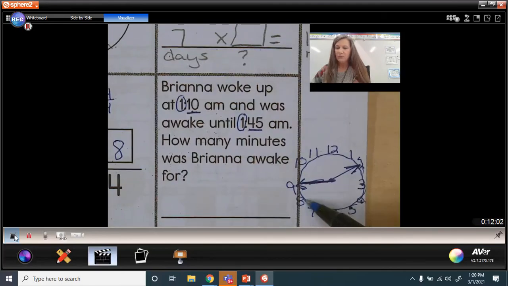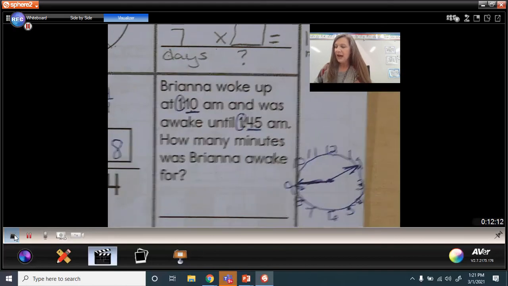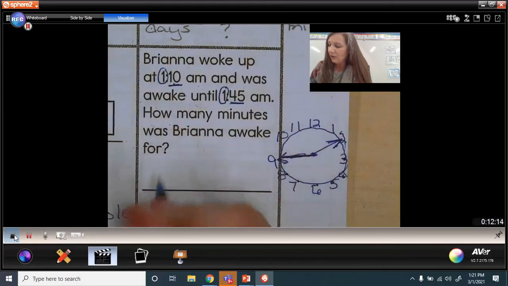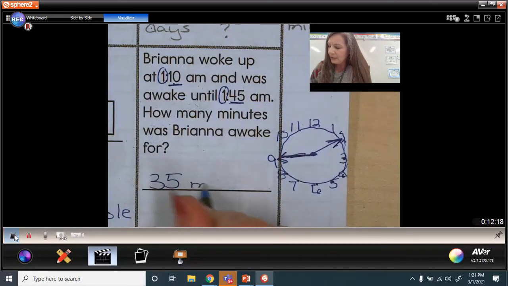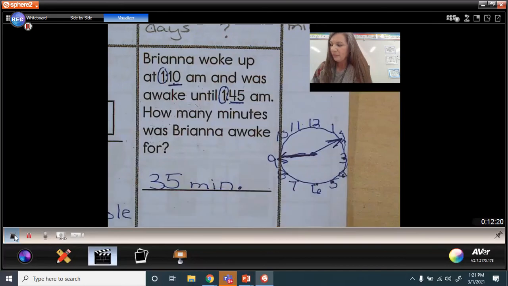To the 8 would be another 5 minutes, so that'd be 30. And from the 8 to the 9 would be another 5 minutes, that would be 35. So we can say that she was awake for 35 minutes. 35 minutes that has gone by.